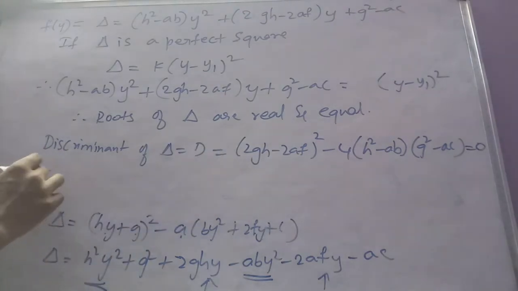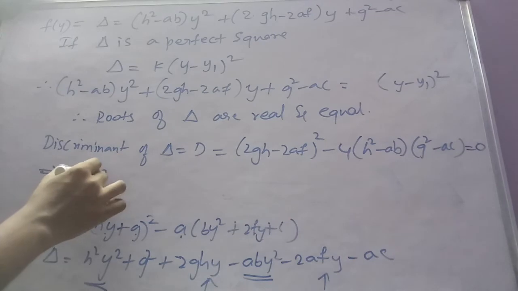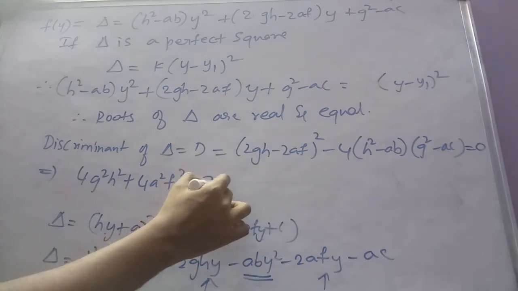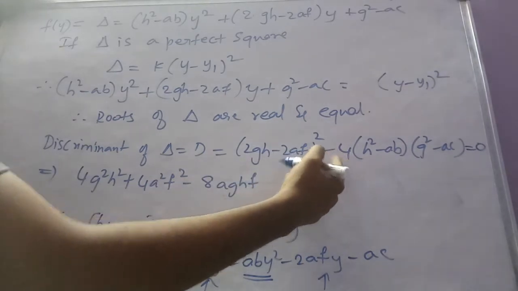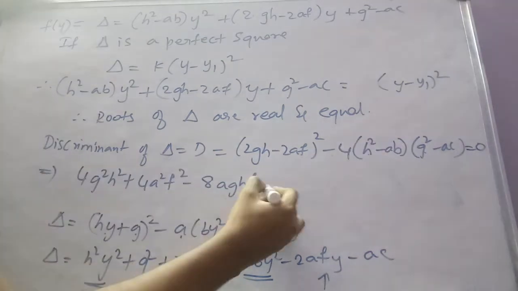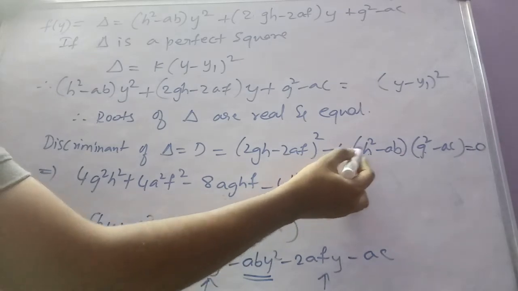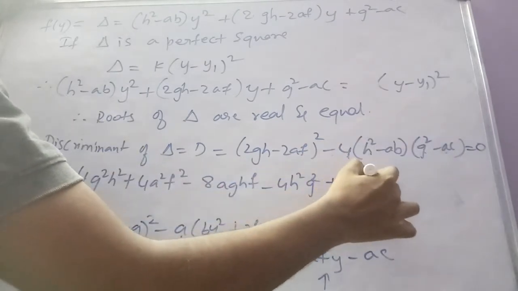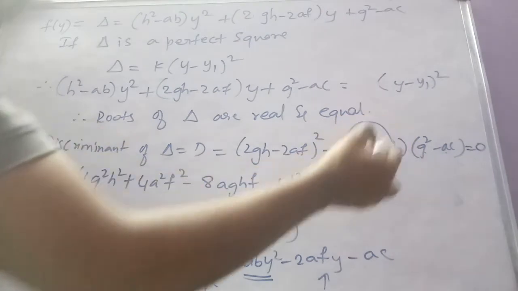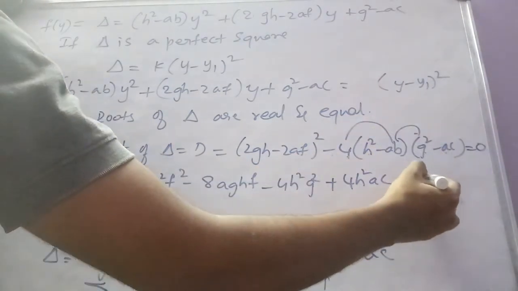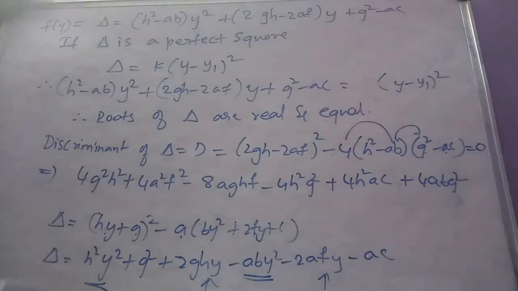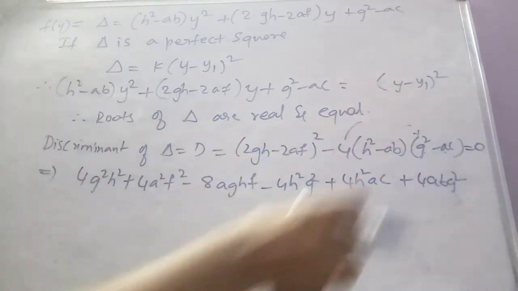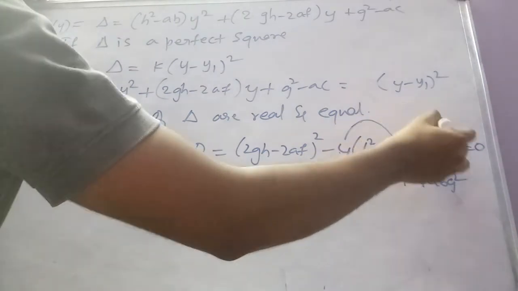So if you expand this, using a minus b whole square expansion, you will get 4g square h square plus 4a square f square minus 8aghf, and then minus 4 into h square g square, and then minus 4 h square into minus ac, that means plus 4 h square ac, and after that minus 4 into minus ab into g square, that is plus 4ab g square, and then minus 4 into minus ab into minus ac.